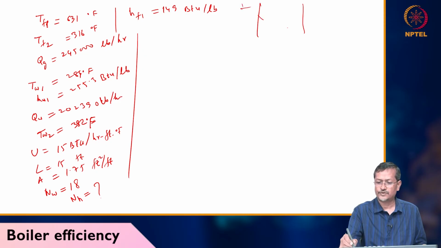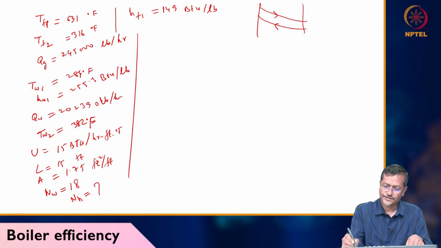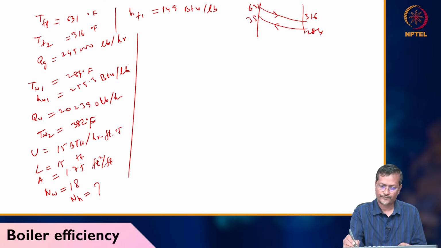Okay, so counterflow means first you have to do this counterflow diagram, going like this, and I already have written 631 to 316 and entering 284 to 382.